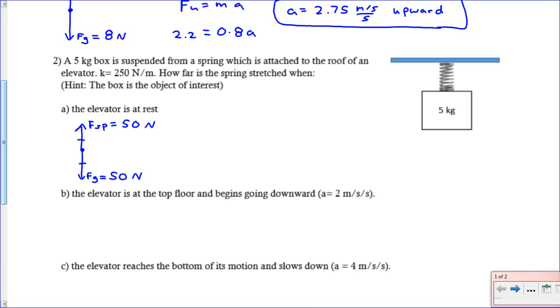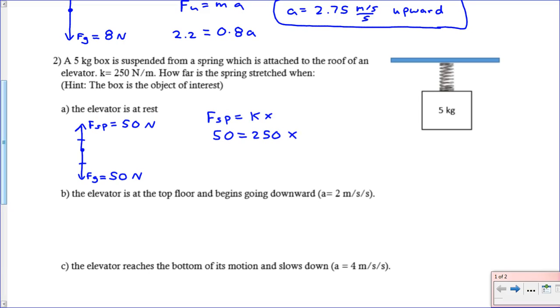I asked you for each of A, B, and C to determine how far the spring was stretched. And so what we have to do here is we have to say Fsp equals Kx, all right? And we know the spring force is 50. I gave you in the problem up above that K equals 250, and we want to figure out what x is.